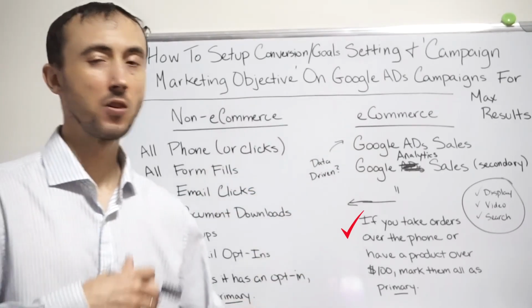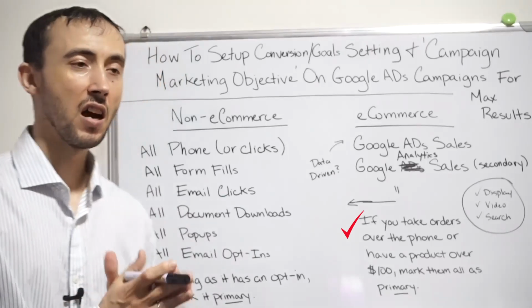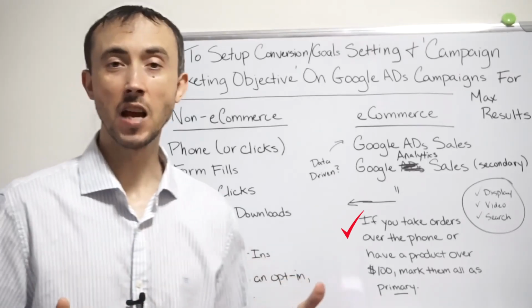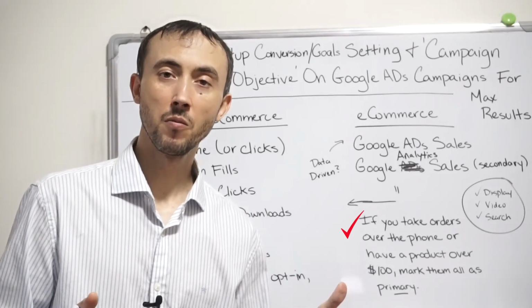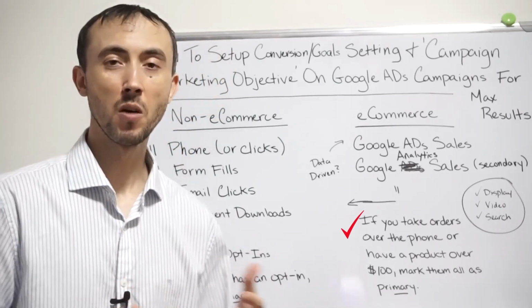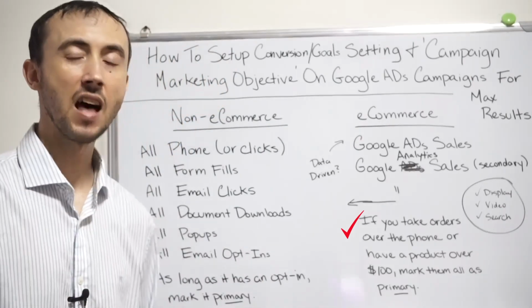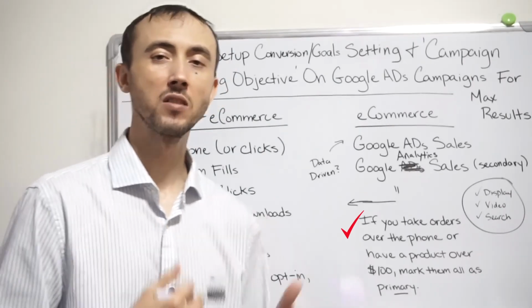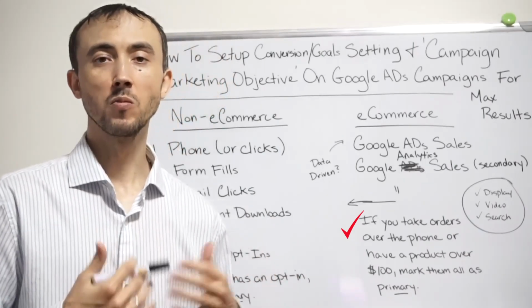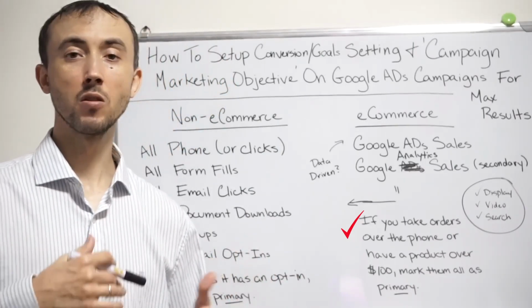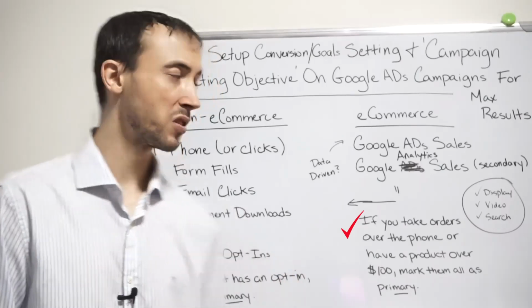Because again, if you're just optimizing for leads, a lot of times you'll get a bunch of robots filling out your form, and they're not real leads, so to say. It's not like search campaigns where you can optimize for these form fills and it's basically fine. Display campaigns are a totally different story in that specific regard.